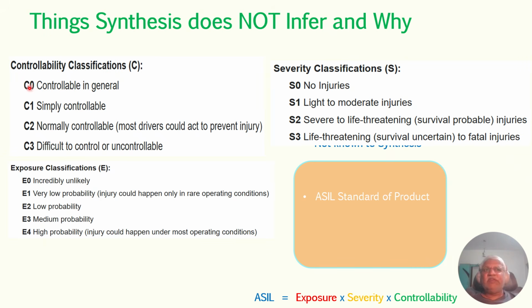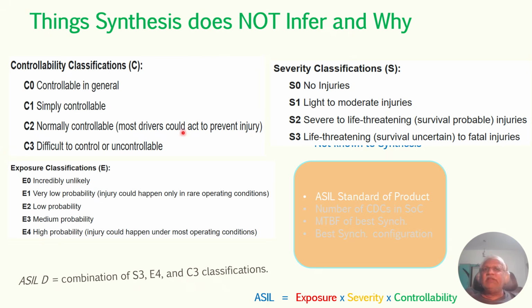Here, C0 stands for controllable in general, C1 means simply controllable, and C3 means difficult to control. Based on all these things, one should predict the ASIL, which can be A, B, C or D. ASIL D is a combination of S3, E4 and C3.